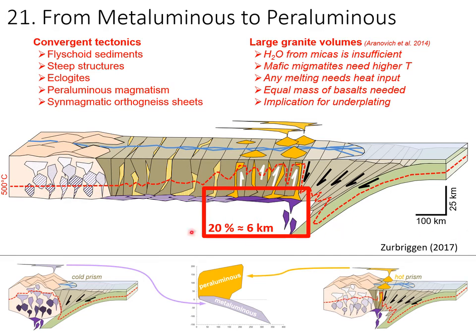About 20 volume percent of the accretionary complex must melt to produce the amount of magmas we need for the orthogneiss. And together with the other observations, having the flysch-type sediments, the steep structures, we have eclogites, and we need tectonics to produce these sheets of orthogneiss.